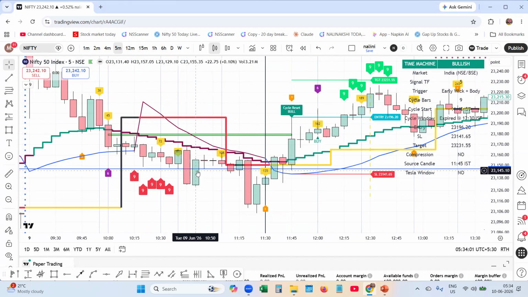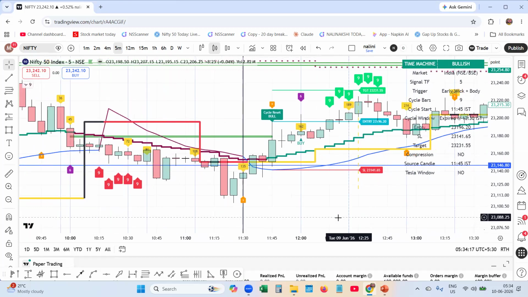It is a piercing type of candle. They enter into it, they have read about it, but the range filter is not showing that the price is above the range filter. But the time is very, very important.